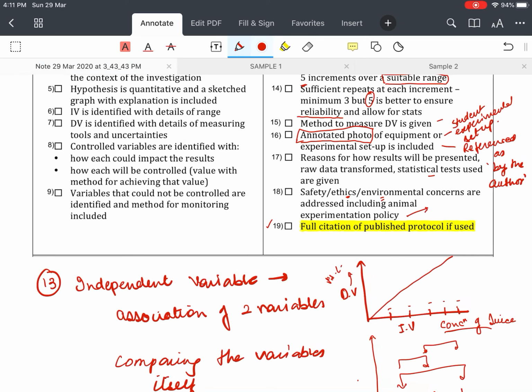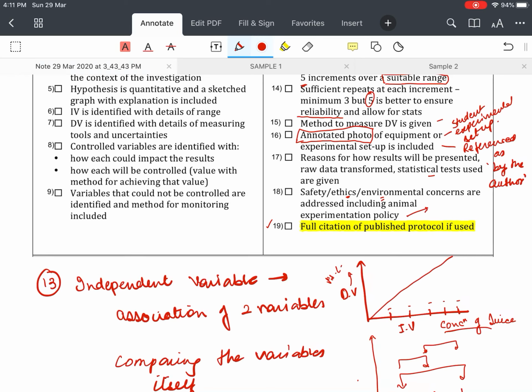Safety concern: if you are talking about a chemical which is harmful, that is not your own information, so how do you know how harmful it is? For example, if the student is saying it is causing skin irritation, how do you know that? It's suggested you can give a table where you give the chemical picture and the safety precautions along with that chemical used.